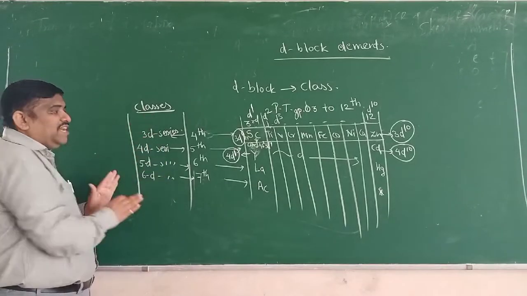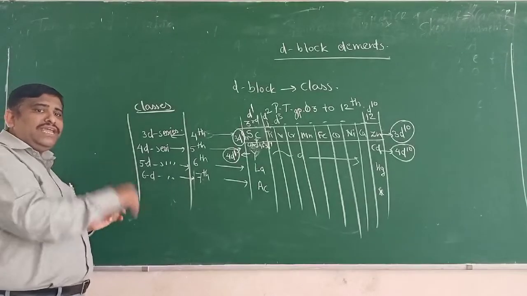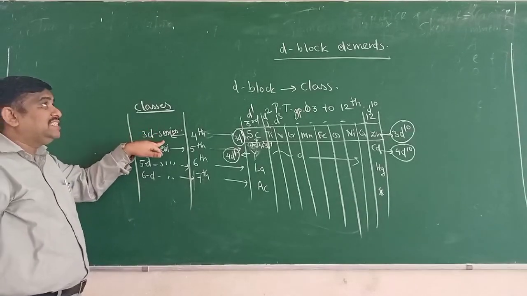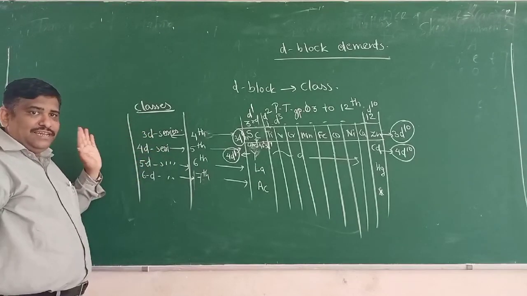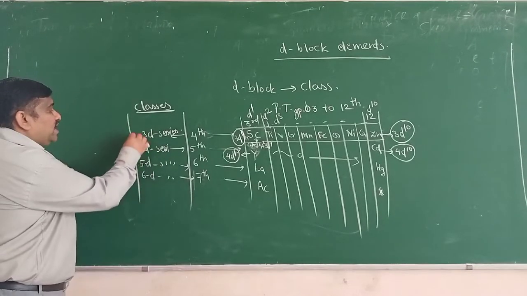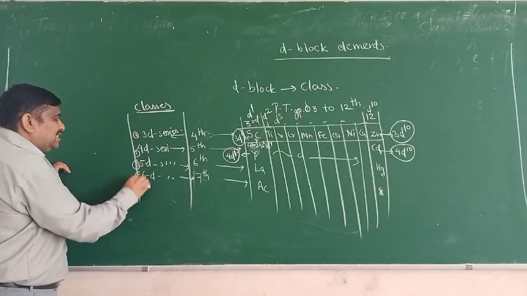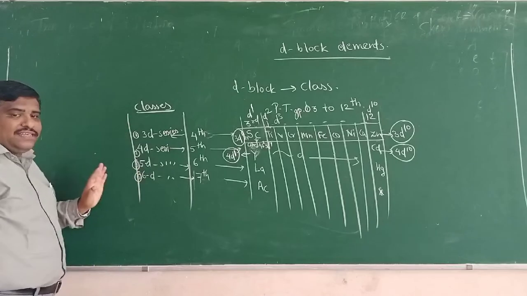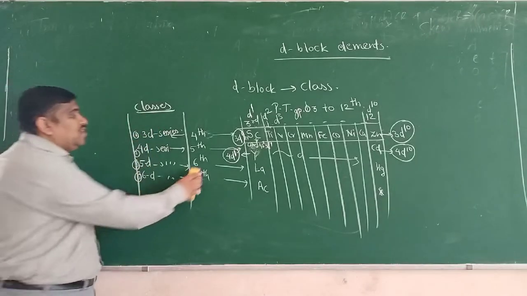My dear students, only this classification is not enough. Along with this, you should know how many elements are there in each series, which is the starting element and which is the last element. So you know the 3d series, 4d series, 5d series and 6d series. These are the 4 different types of d block elements.